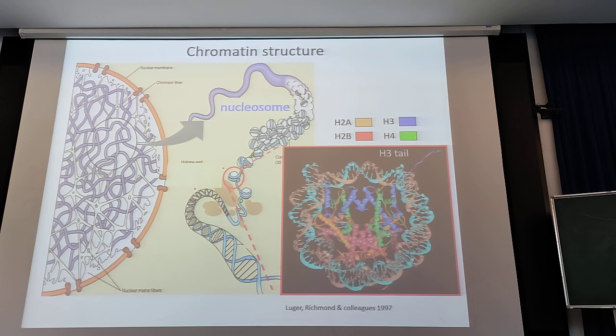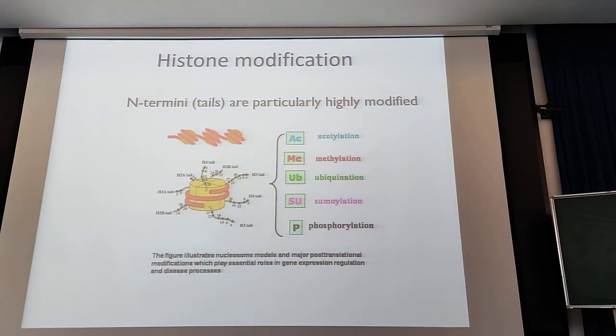The octamer is composed of 8 subunits: 2 subunits of H2A, 2 subunits of H2B, 2 subunits of H3, and 2 subunits of H4. However, histone modification relates to the tail of the octamer. We have a tail here.